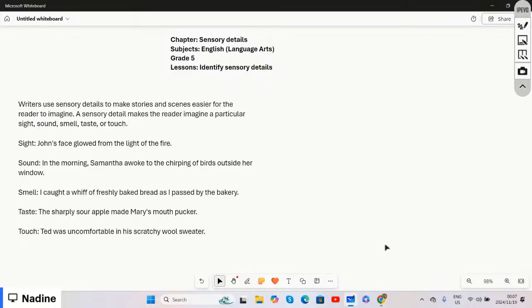So basically, writers use sensory details. In their writing, they write sensory details, and these sensory details are there to make the reading or the text or the story more interesting.